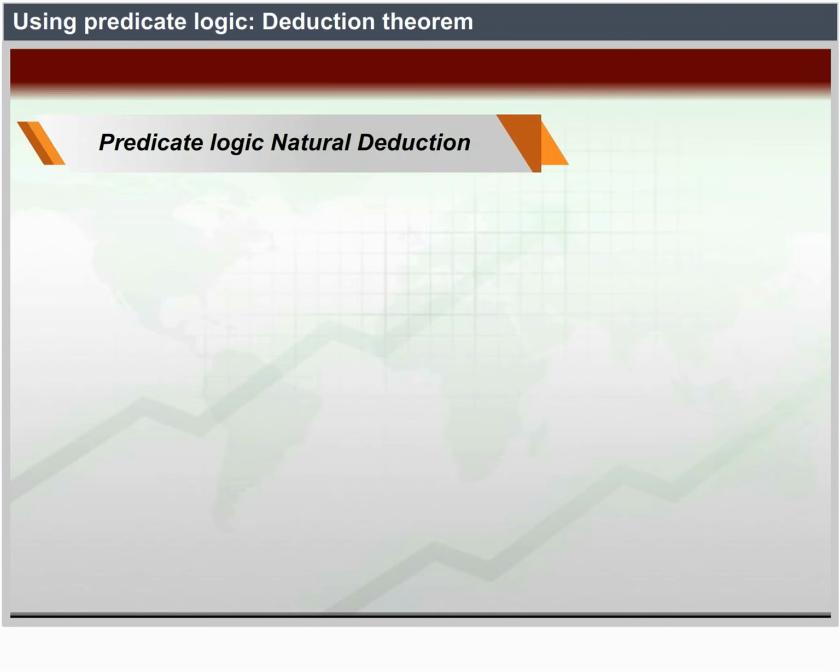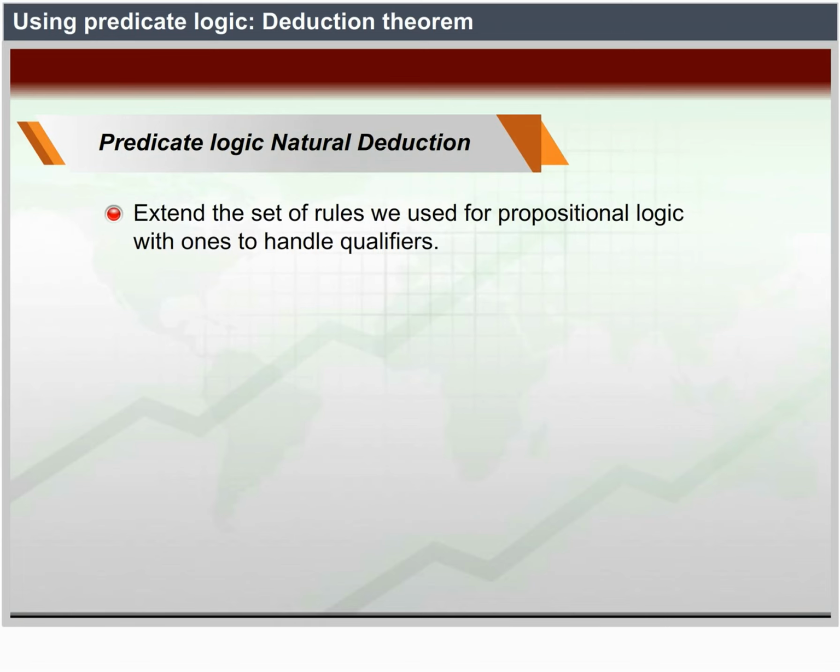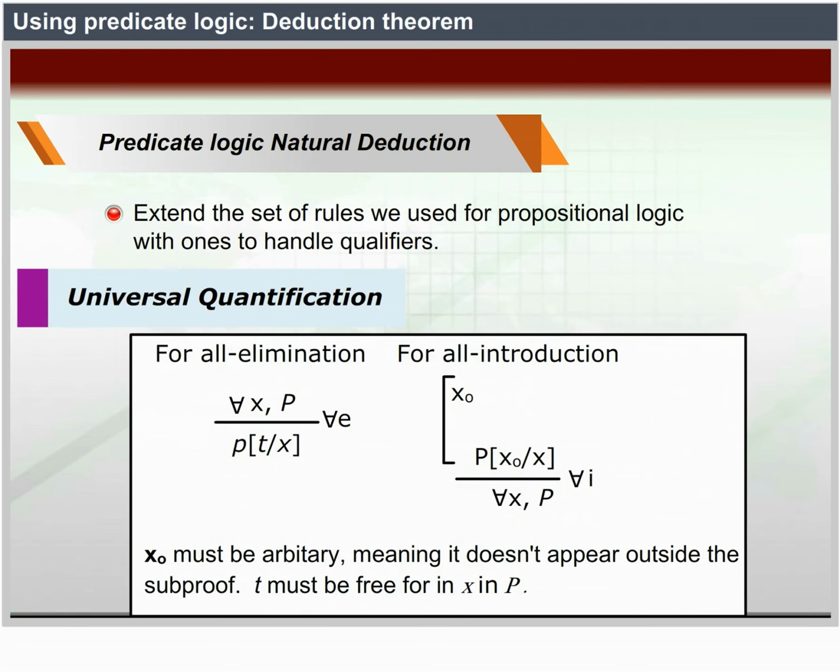Predicate logic: natural deduction. Extend the set of rules we used for propositional logic with ones to handle quantifiers. Universal quantification. For all elimination: from for all x. P, infer P of t substituted for x.